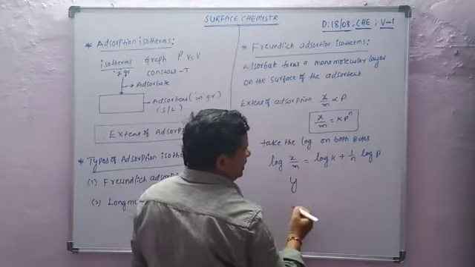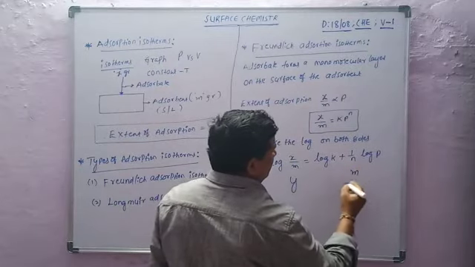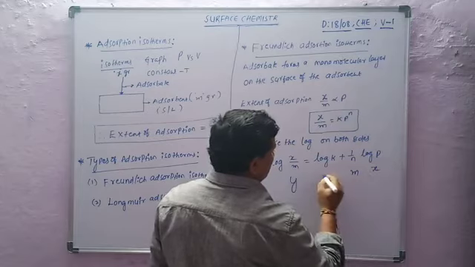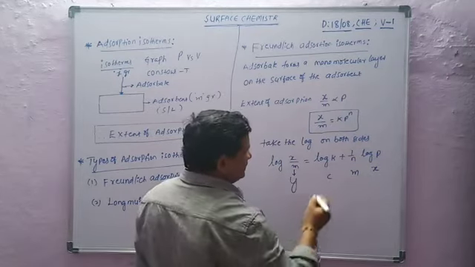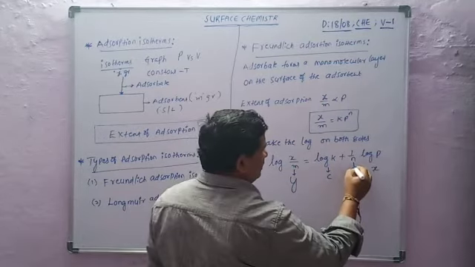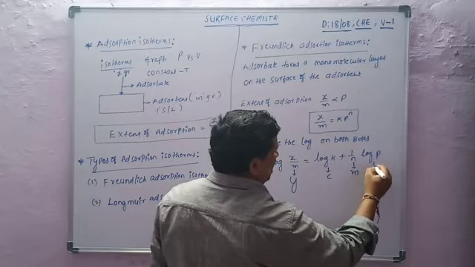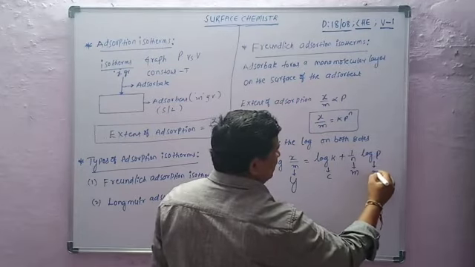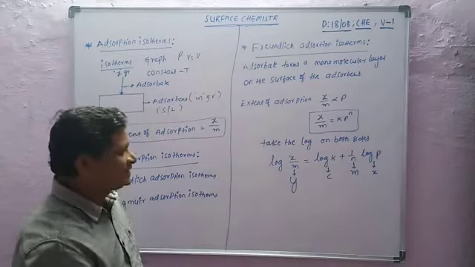So log x by m is taken on the y axis, log k is the intercept, 1 by n is the slope, and log p is taken on the x axis.